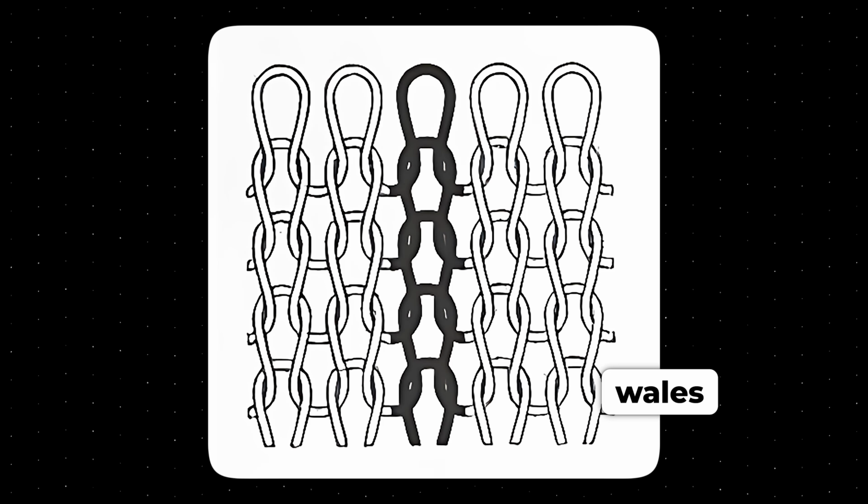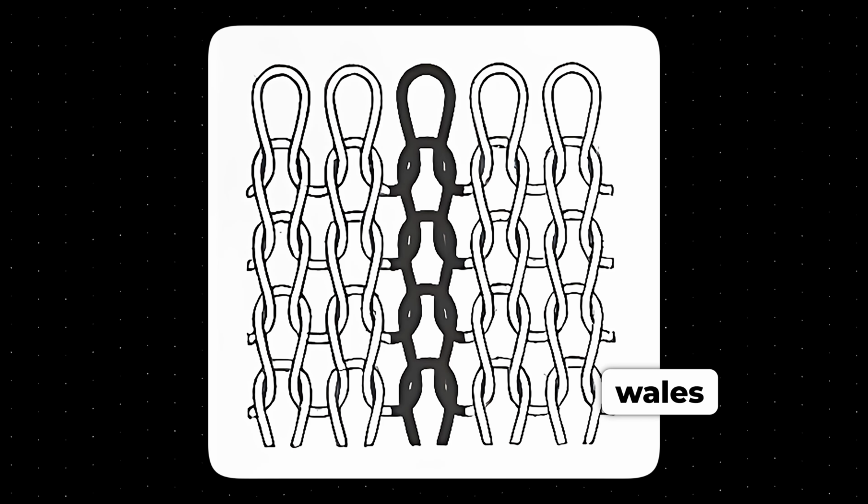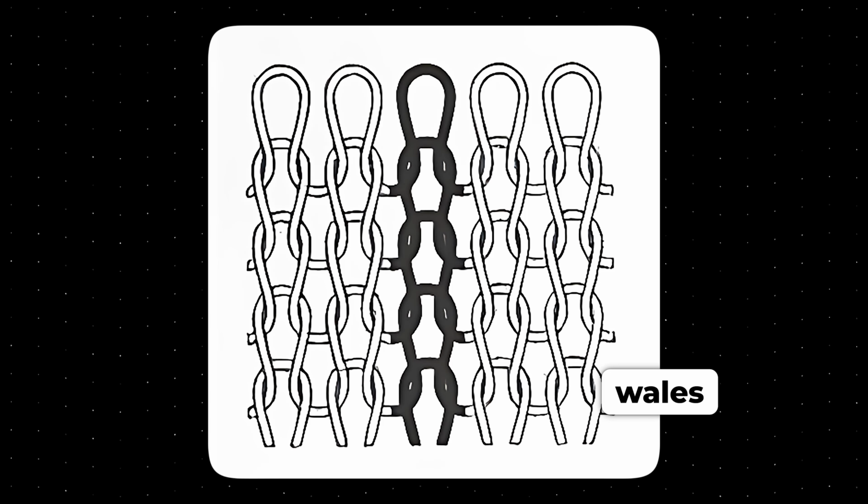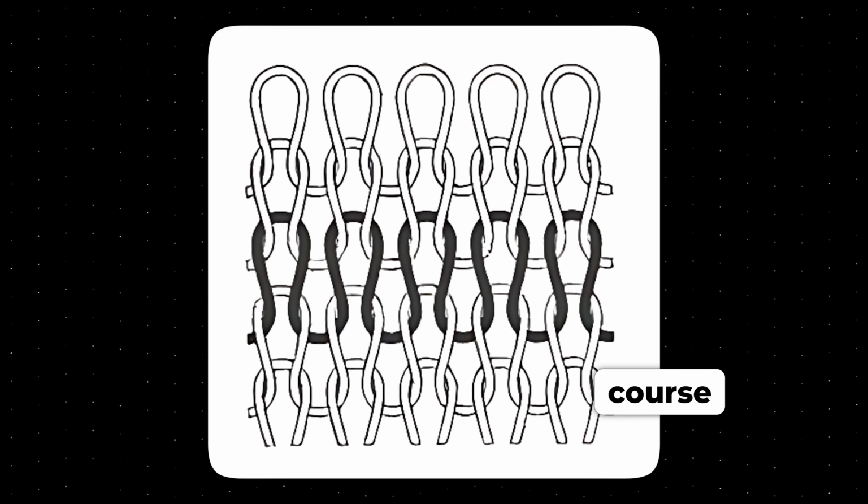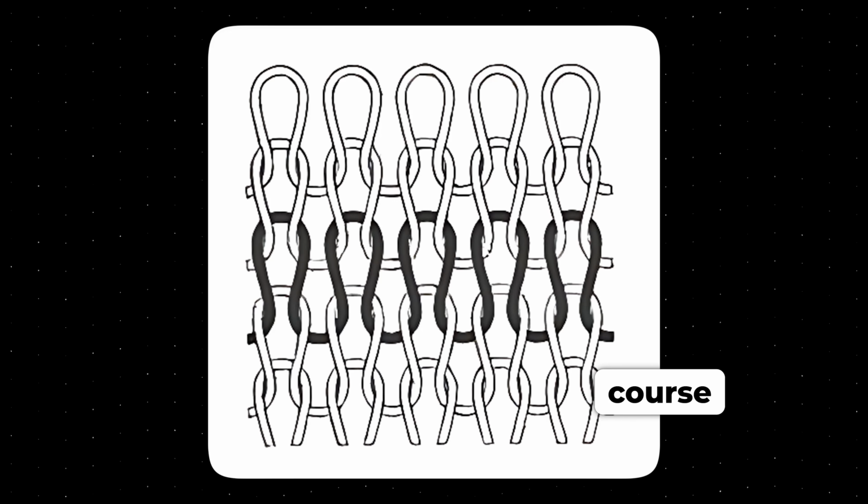The wale is essentially where the loops are at their highest point and they create these vertical columns that go straight up and down the fabric, versus the courses, which tend to be going horizontally, which is essentially where the recesses of the fabric are.